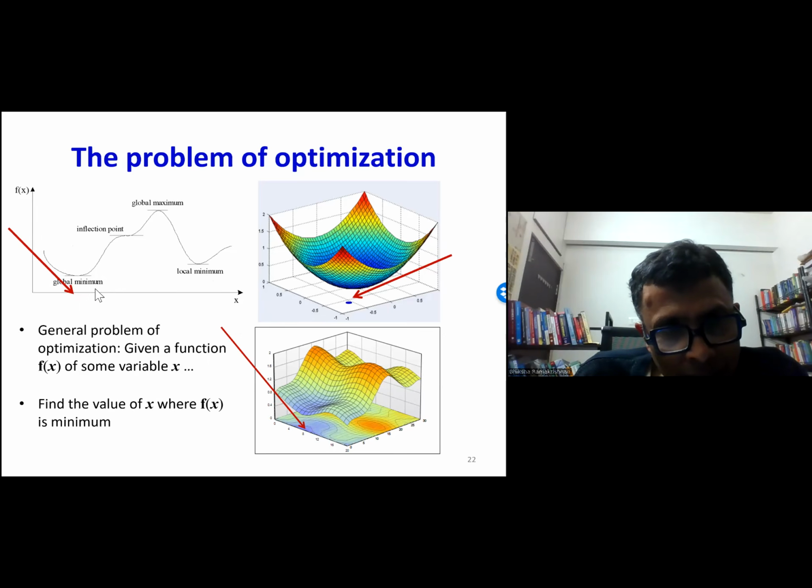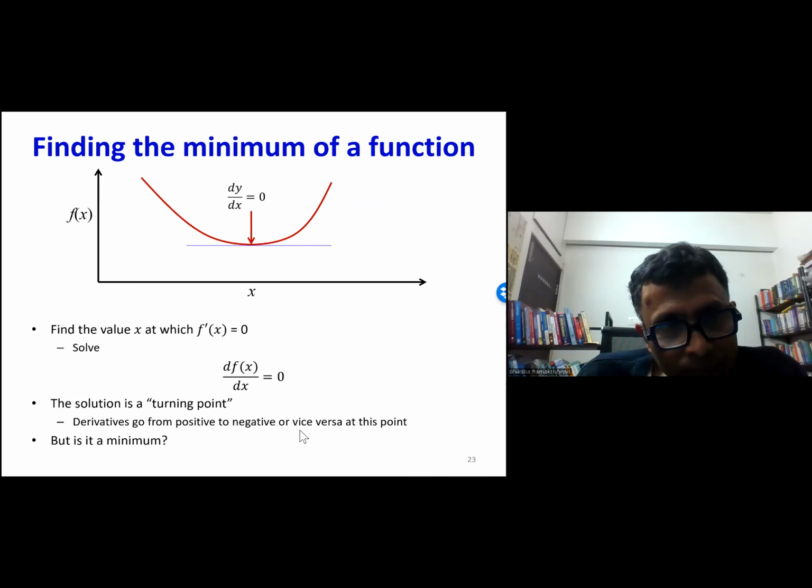In our case, we're going to be looking at identifying where some arbitrary function is minimum: what is the value of x where the function takes its smallest value. For a scalar function, or for a vector function, we are trying to find this location of x.